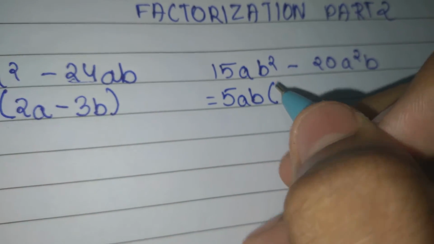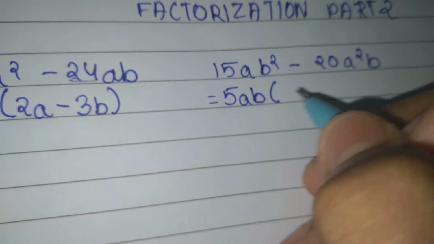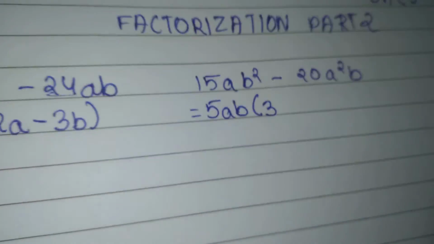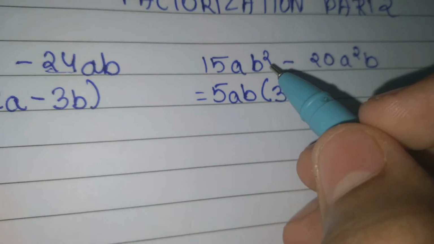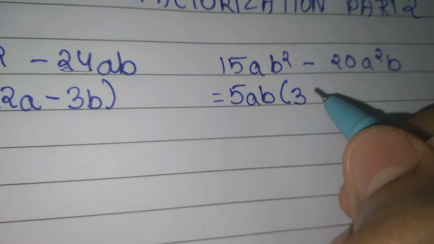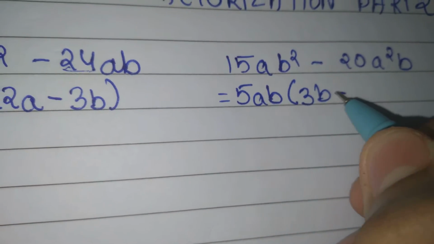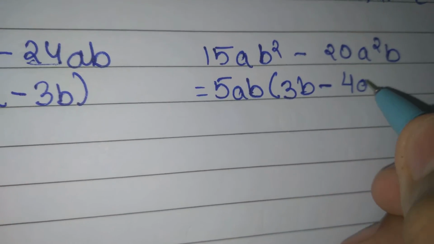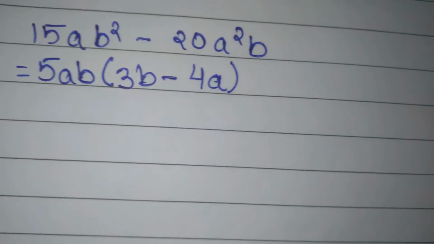So first we write 15 divided by 5 is 3. Then a and a will get crossed out, and b squared and b will be b. Then the minus sign will come here. Then this will be 4, and it will be a. So it is again done.